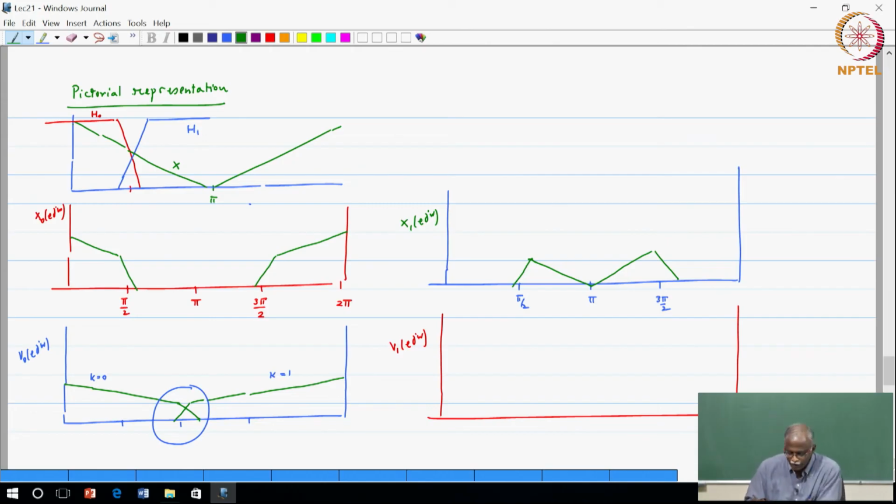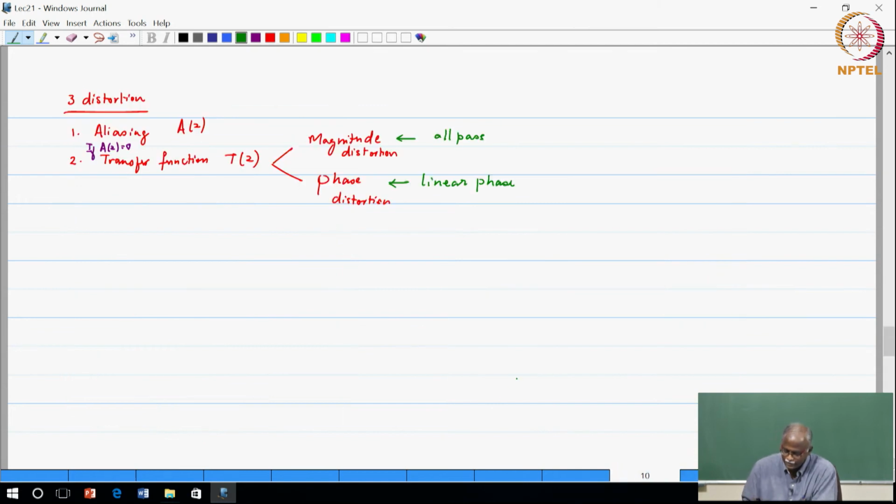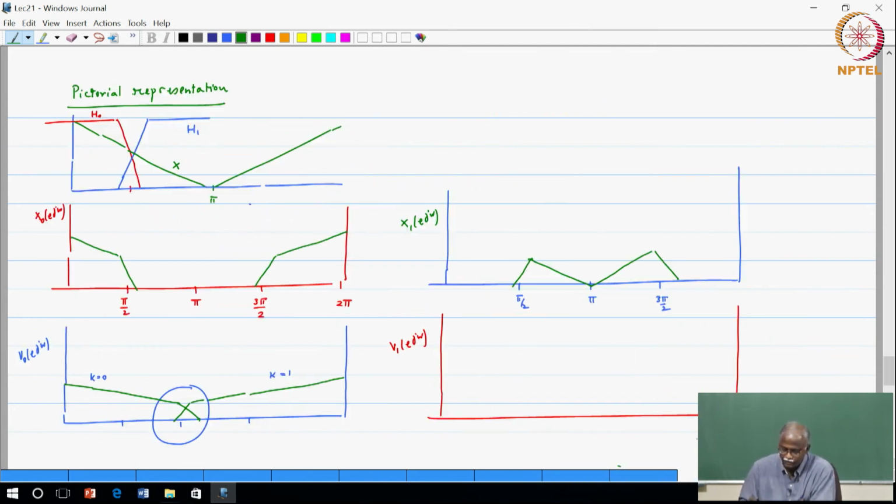If you carefully go through the stretching process and the shifting process, what you would find is that we have the following signals present. There is pi by 2, pi, 3 pi by 2, and there is a stretching by a factor of 2 and also the shifted version.